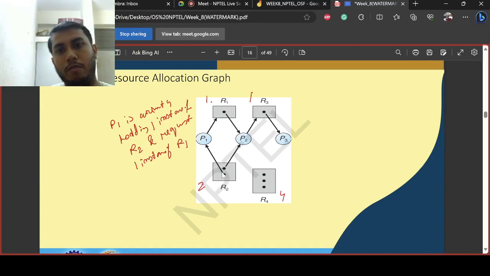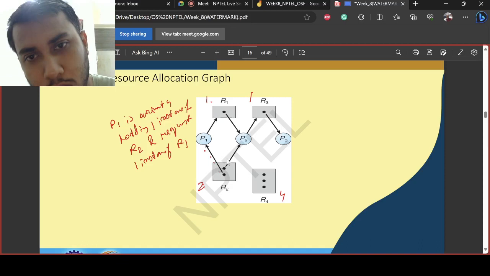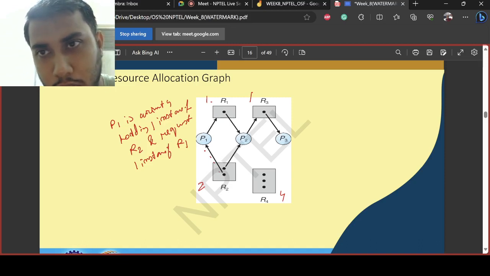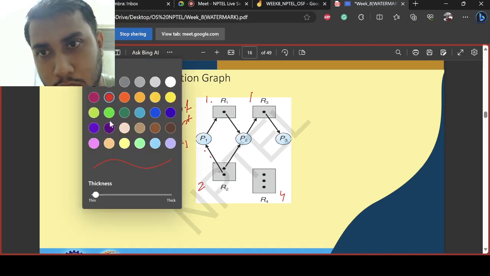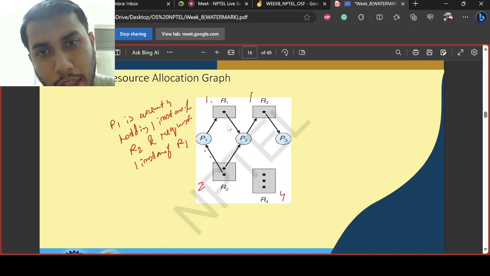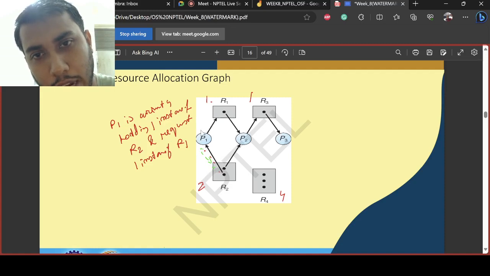See, P1 is holding 1 instance of R2, and it is currently requesting 1 instance of R1.